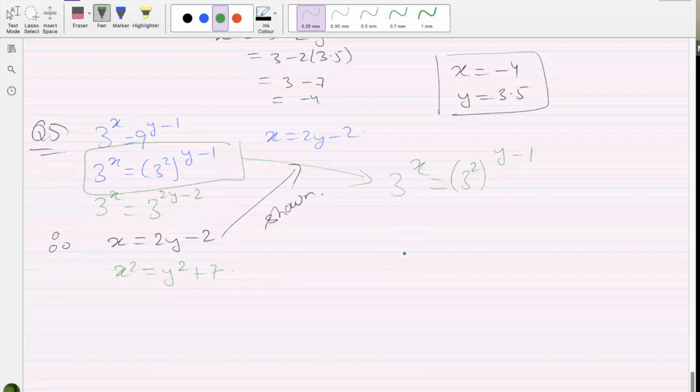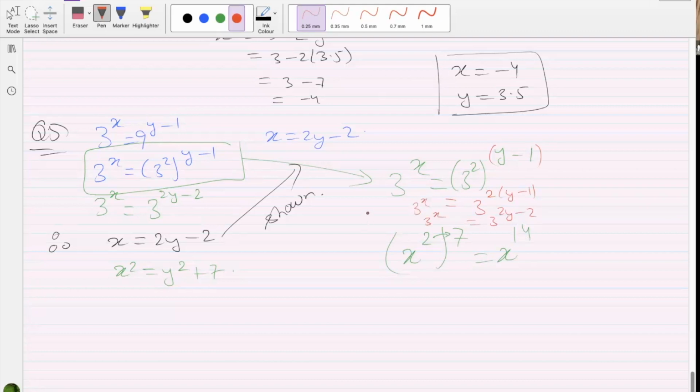And then the rule was that the power actually multiplies. So we multiplied 2 with y minus 1, since y minus 1 is the power of this 3 squared. So this actually looks like 3 raised to the power 2y minus 2.